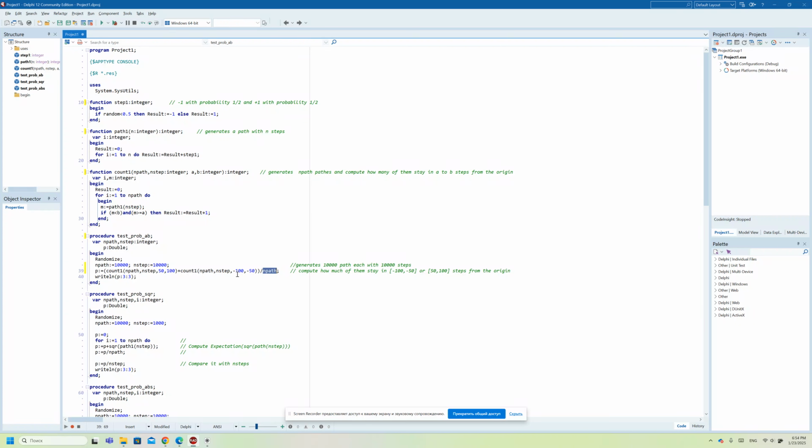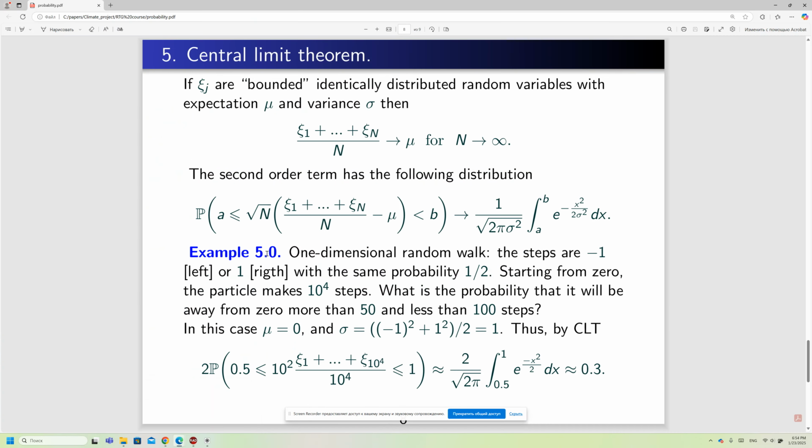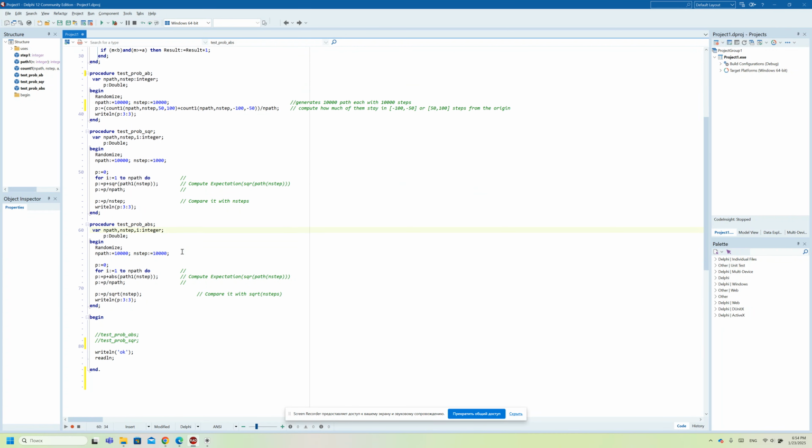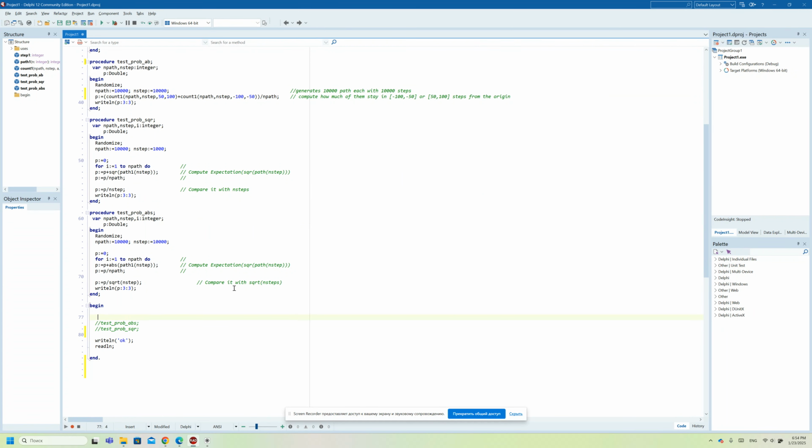Of course, on the left, it will be between -100 and -50 steps. This is exactly the program for this example. And now we will compare this value with 0.3, which gives us the theoretical result. Okay, let us run this test probe AB function and see what happens.